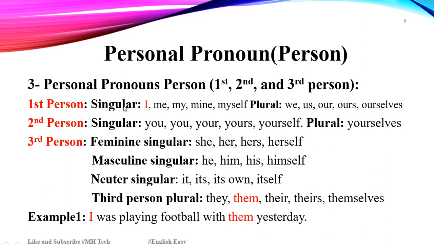I is first person singular, and them is third person plural. Third person plural in this category. The color is red. You can see here I used them and I in the example. So go to the next part.